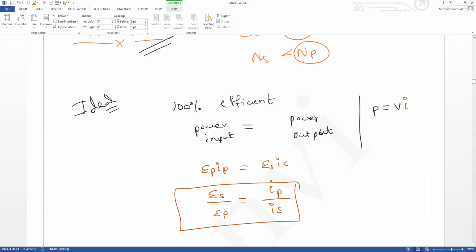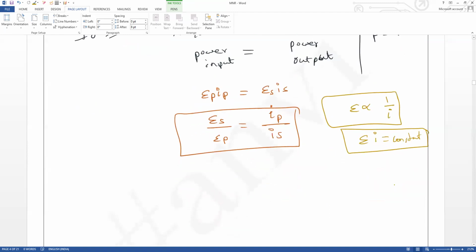Have you noticed it? Power input, potential difference and current: what is the relation? When induced EMF increases, current decreases. If I remove the proportionality, then EI remains what? EI is constant. So that is a very, very important relation.